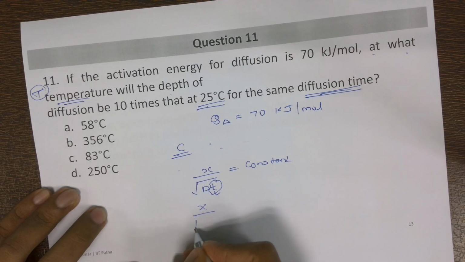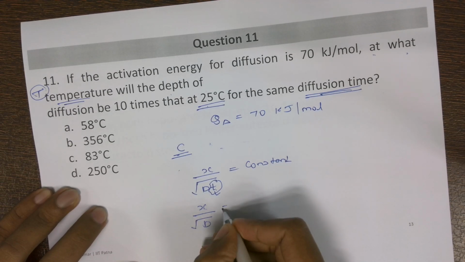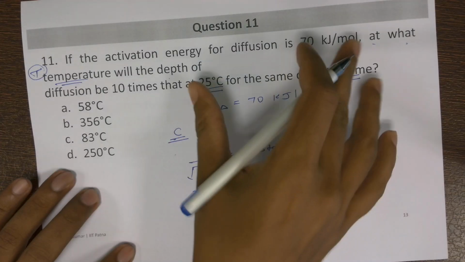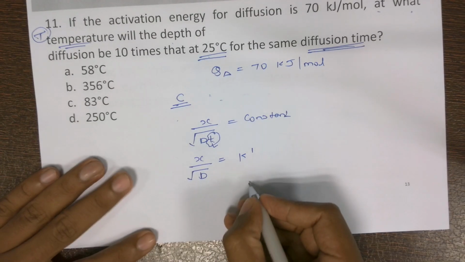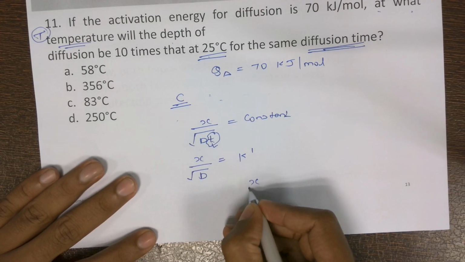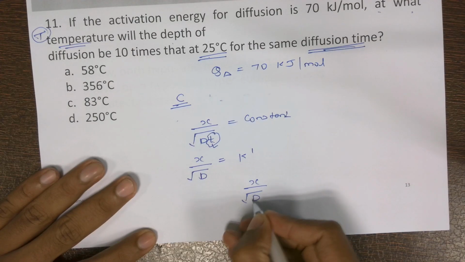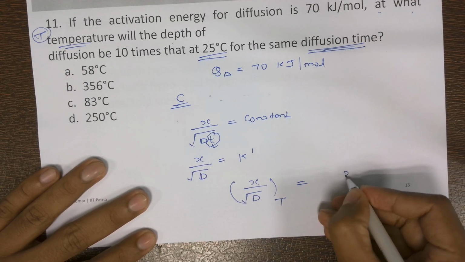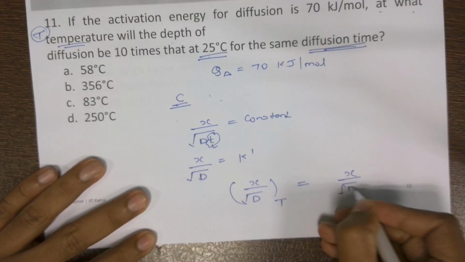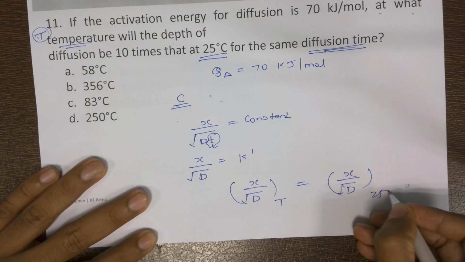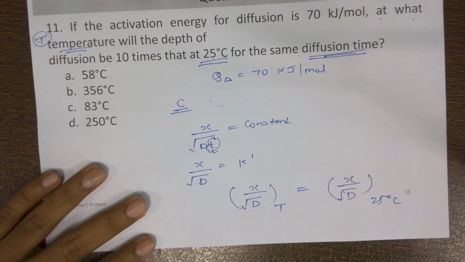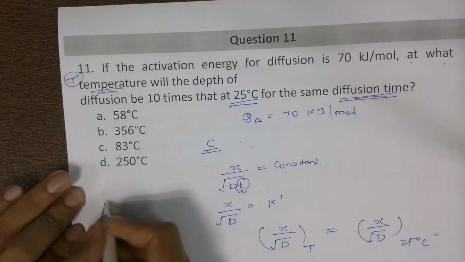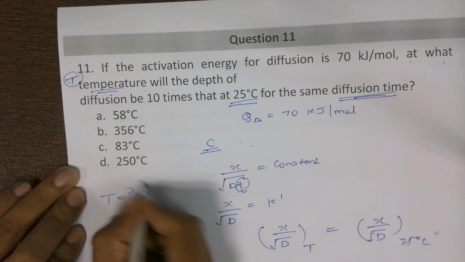So x upon root D is the constant, k dash. What we have to do is equate both the things. X divided by root D at the particular temperature T should be equal to x upon root D at the temperature 25 degrees Celsius. Now what we have to find is T. T is the question mark.